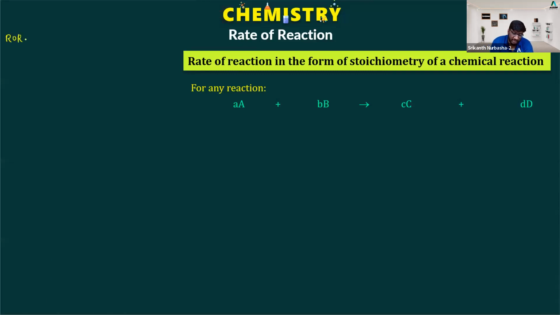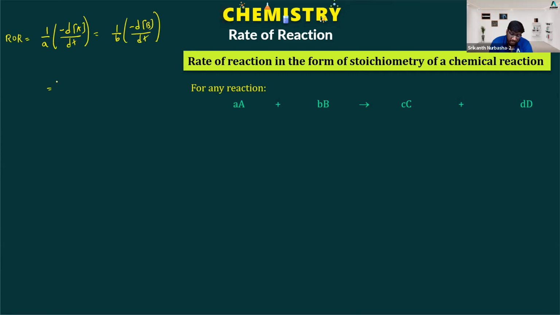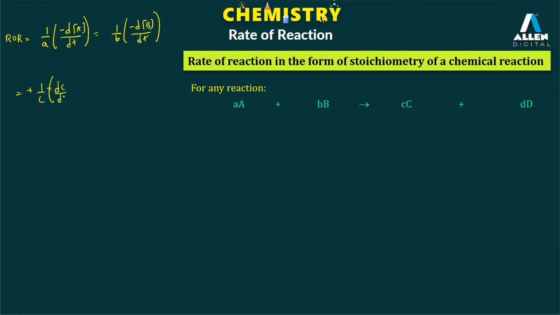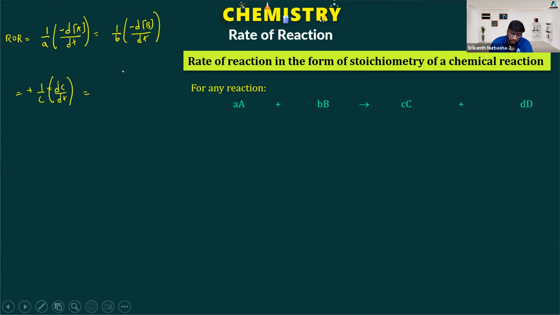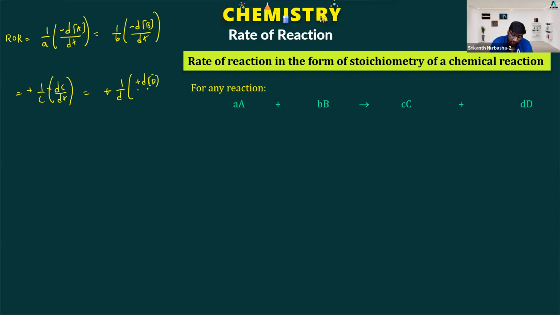Rate of reaction I can write as minus 1 by a d concentration of A by dt, that is equal to minus 1 by b d concentration of B by dt, that is equal to plus 1 by c d concentration of C by dt. Very good. That is equal to plus 1 by d d concentration of D by dt.